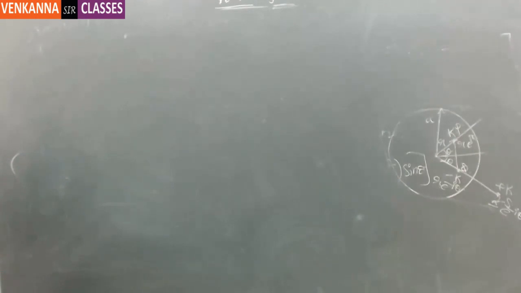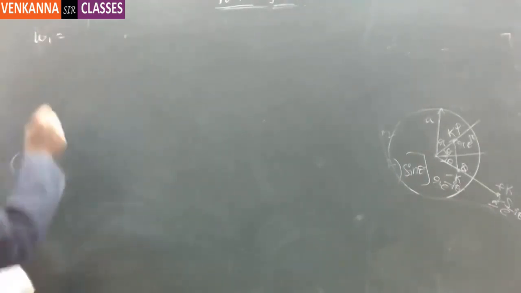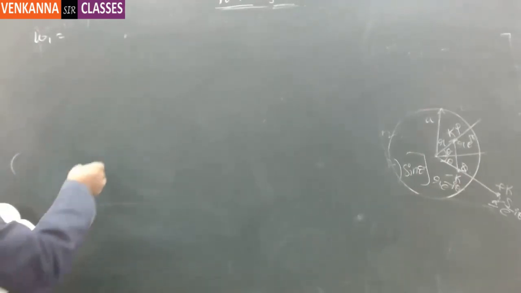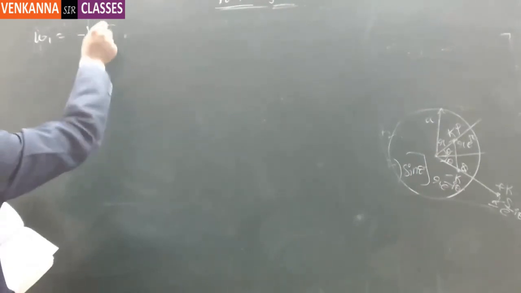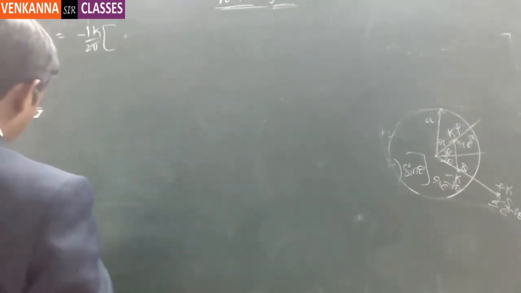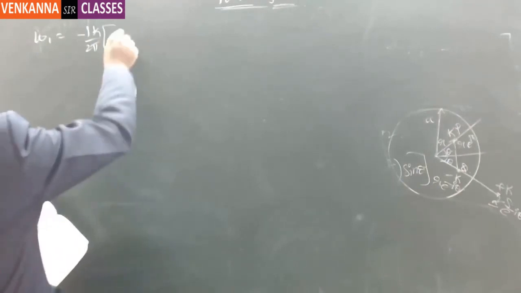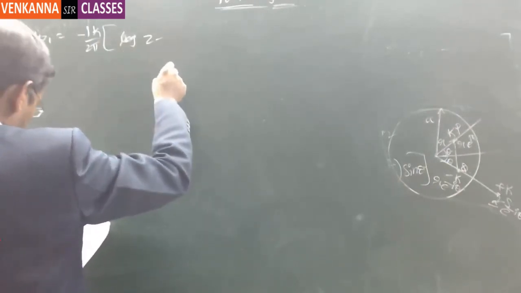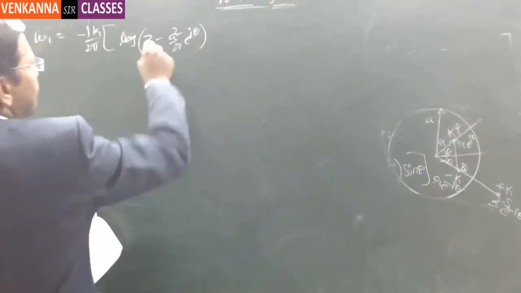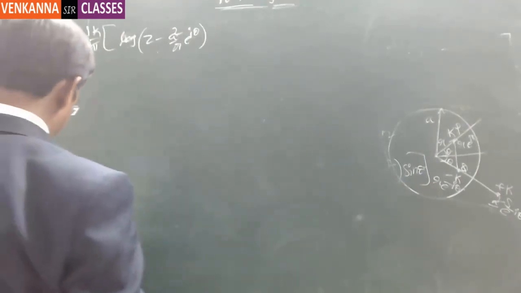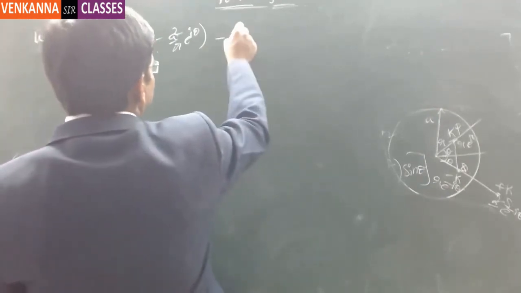Okay, so let me simplify that also. The complex potential we solved is W1 equal to minus ik by 2 pi log of Z minus a square by R e power i theta, minus.